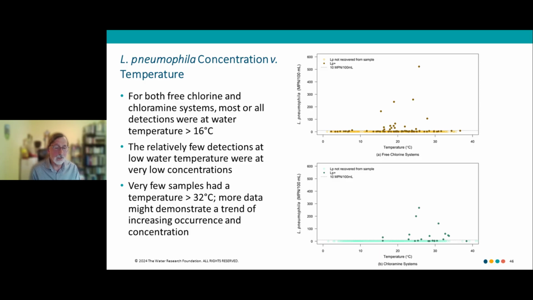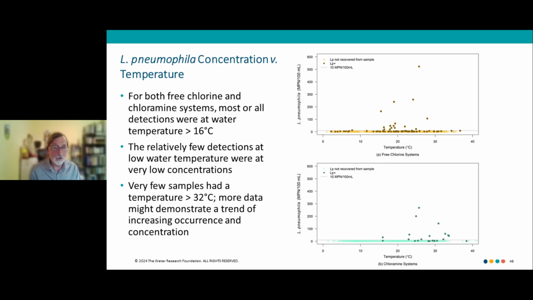So this gave us a bit more information that hey, there are detections at temperatures lower than had previously been thought, but are they of consequence? That's a question for the community to take on.